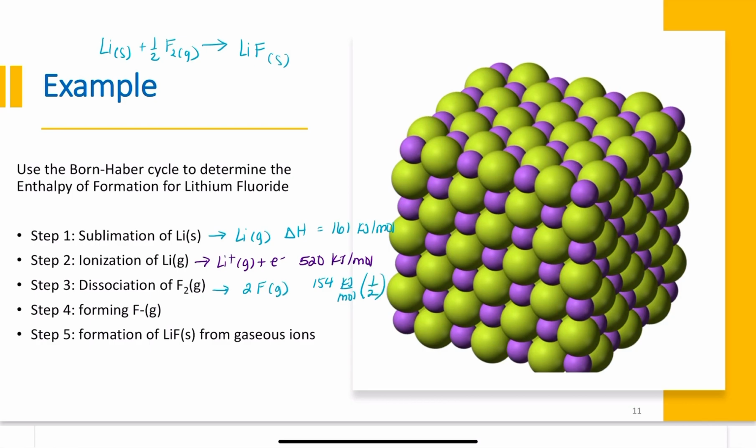Overall, this will be 77 kilojoules, which is 154 divided by 2. Formation of F minus, how much energy is required to add an electron to F. If I have F in the gas phase, I'm giving it an electron. It wants it. How much is it willing to pay for it? It's willing to pay 328 kilojoules per mole.